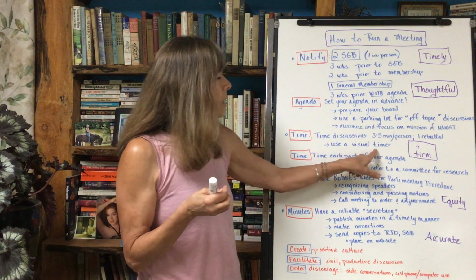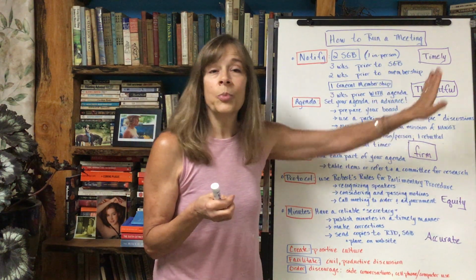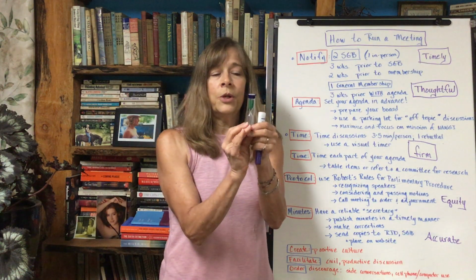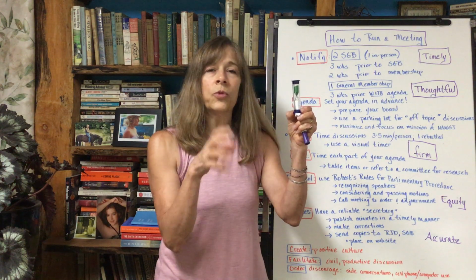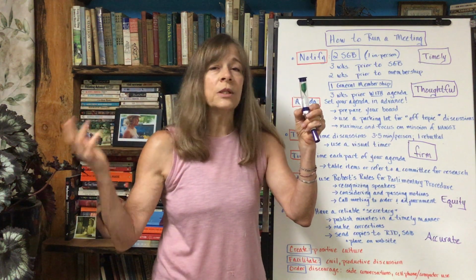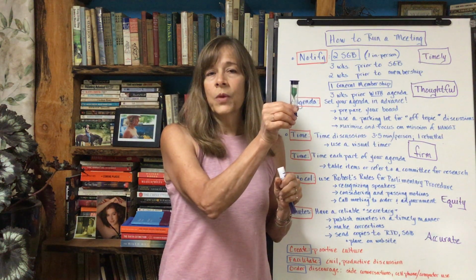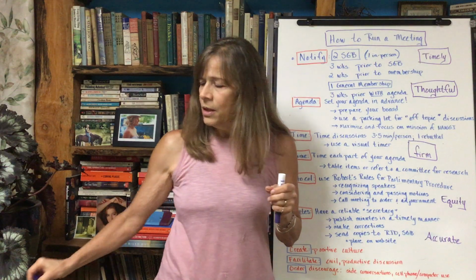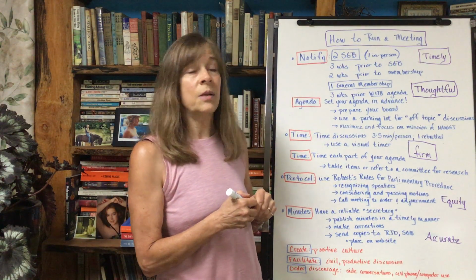And I usually use a visual timer. So again, with my visual parking lot, I use a visual timer. I have some small hourglass timers that you can get for 1 minute, 2 minutes, 3 minutes, 4 minutes, 5 minutes, okay? So everyone can see the timer, and the person who's speaking can also see the timer, so that gives them the opportunity to see how much time is left and to be concise in their statements.